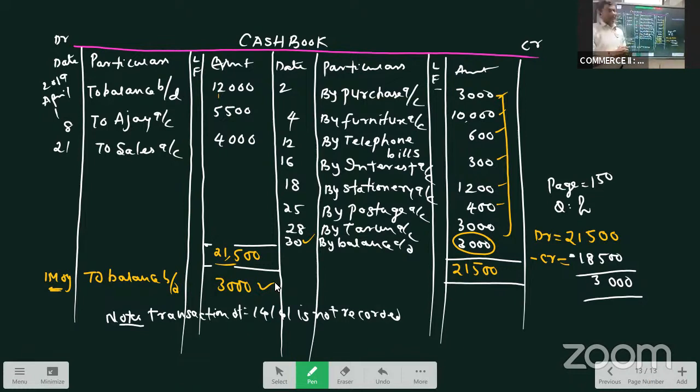By the name itself, you can understand. 3-column cash book or triple column cash book means, apart from regular columns, see, this is called a single column cash book because we have one very imperative, very substantial column, which is cash column. 3-column cash book, likewise, will have 3 columns. Apart from the regular columns, 3 special columns will be there. That is why we call it as a 3-column cash book.